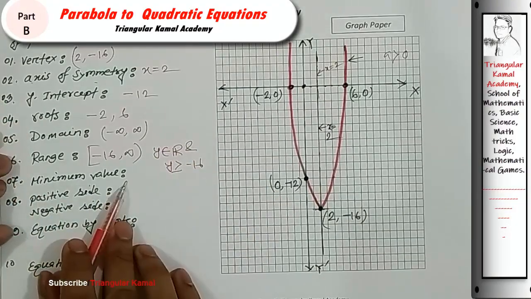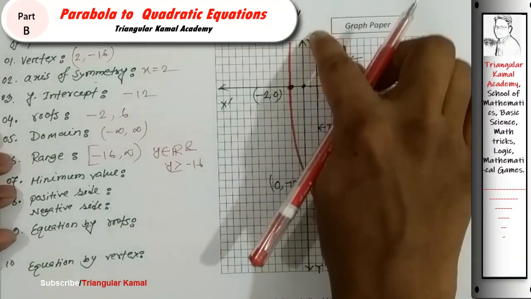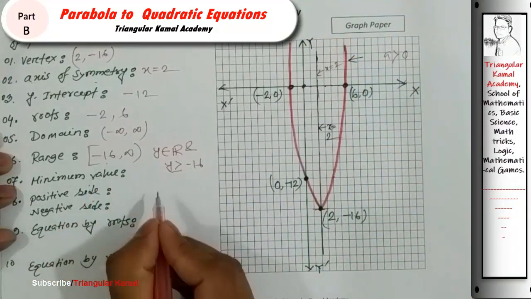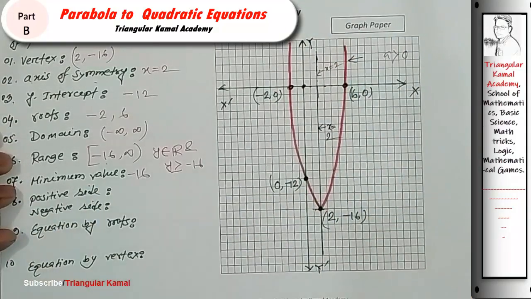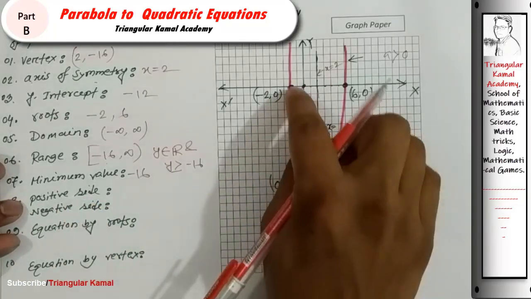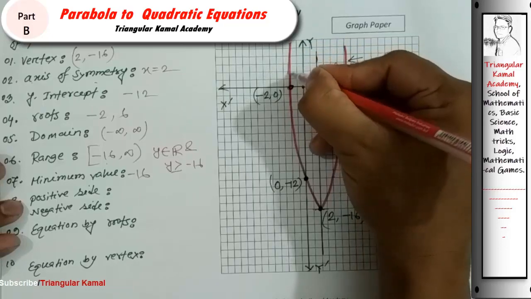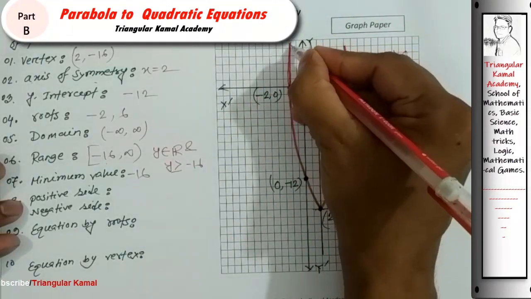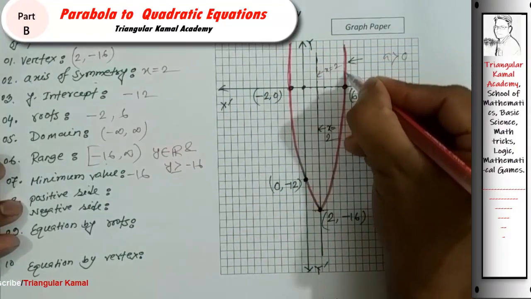And the minimum value is the lowest value, that is minus 16. And the positive side: for which values of x do we get the positive side of the parabola? We have one positive side and another positive side.